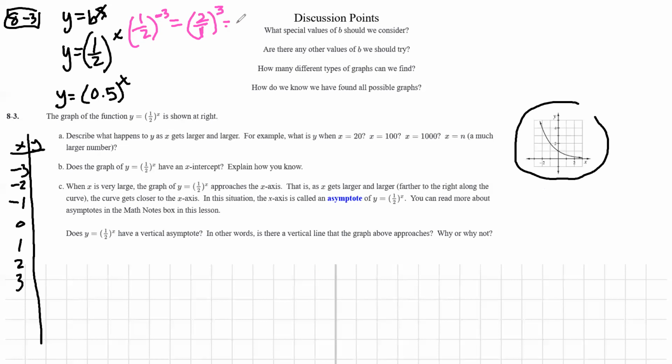Oh, well, 2/1 is just 2 to the 3rd power, which we know is what, guys? 8. So this is 8. Let's do 1/2 to the -2 power.